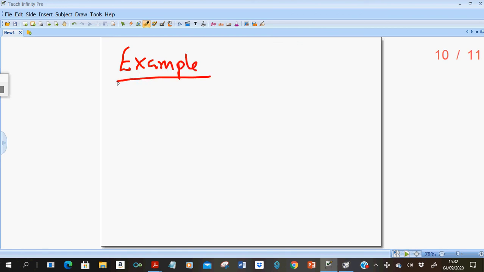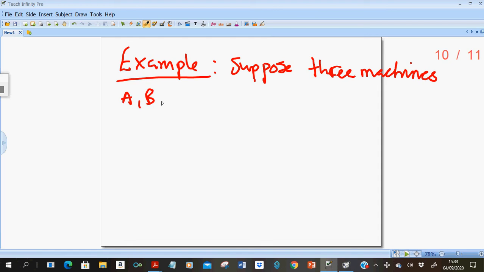In this example, we have 3 machines. So, suppose 3 machines, A, B, and C, produce similar engine components.